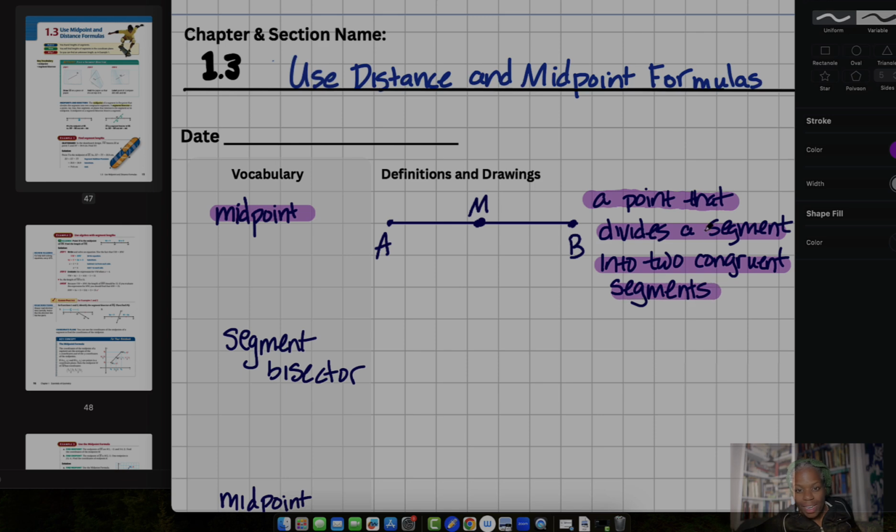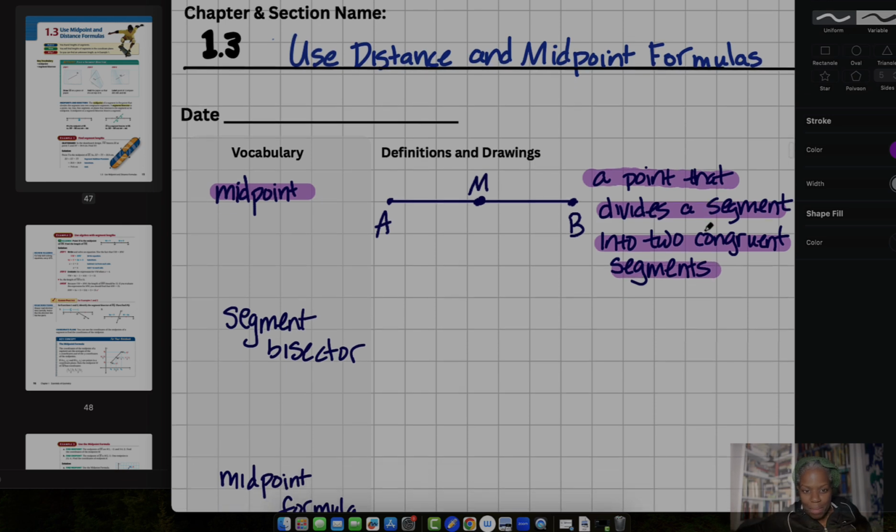And that's a midpoint. Let's look at another term that we're talking about here, which is segment bisector. A segment bisector. So if I have a line segment, let's put some endpoints here. Let's call this TU.